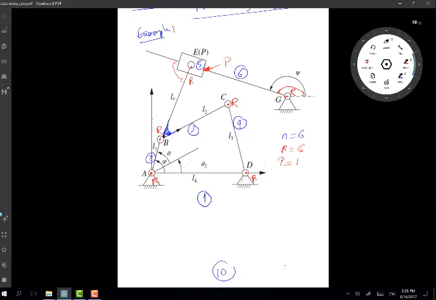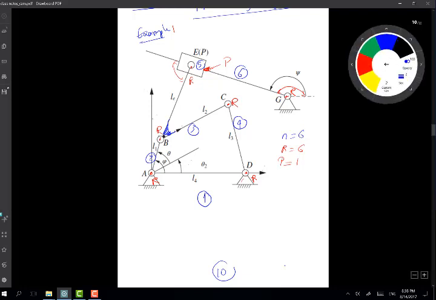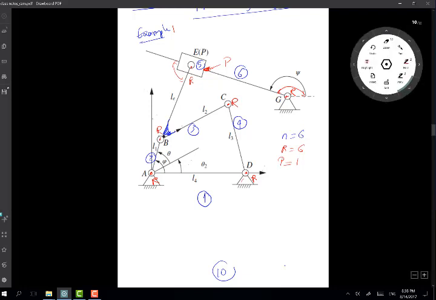Now if I want to calculate my degrees of freedom, I apply the equation we learned earlier. The equation says F is equal to 3 times (n minus 1) minus 2 times revolute joints minus 2 times prismatic joints, minus the higher pairs if we have any.